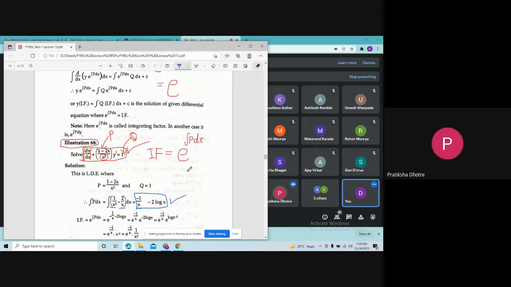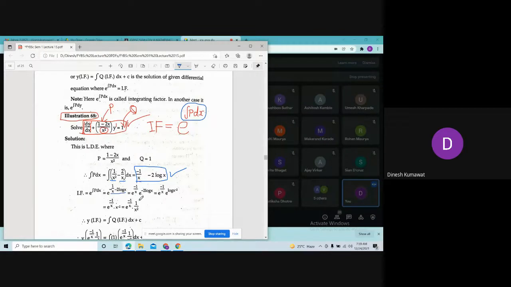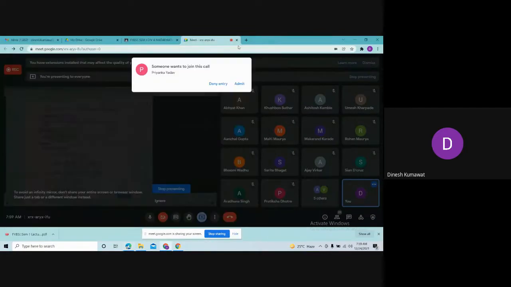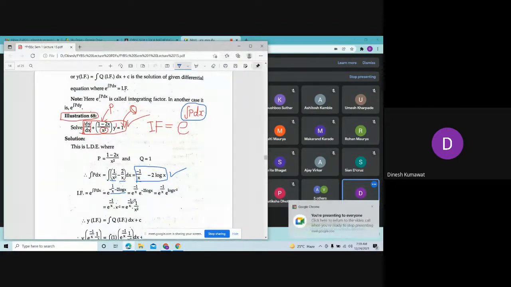Yes, sir. Now this is the answer of integration of p dx. So let us raise this to the power e. So e to the power minus 1 upon x minus 2 log x. Now just use the law of indices.